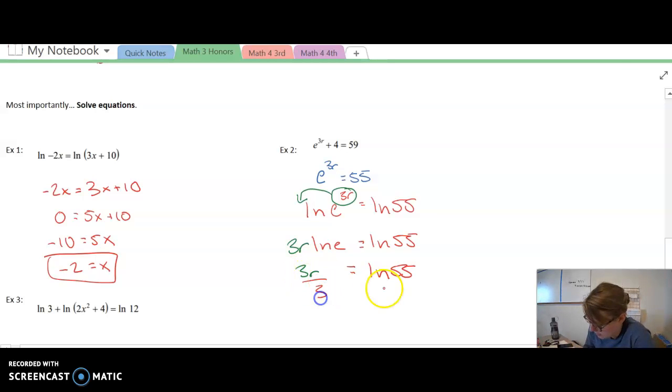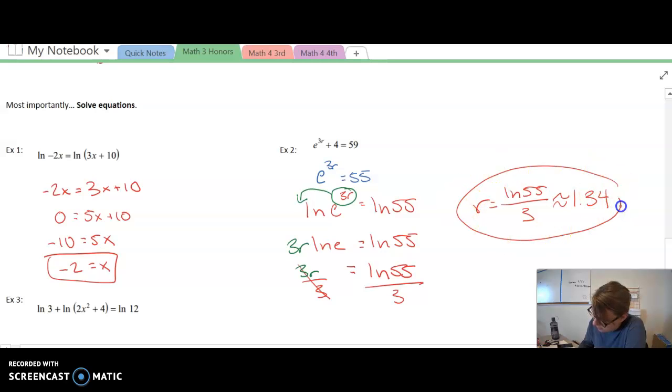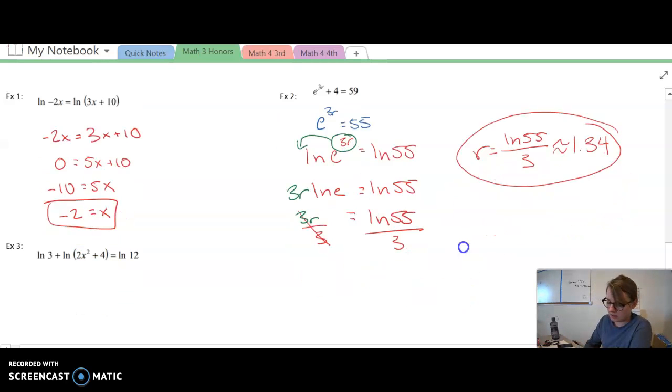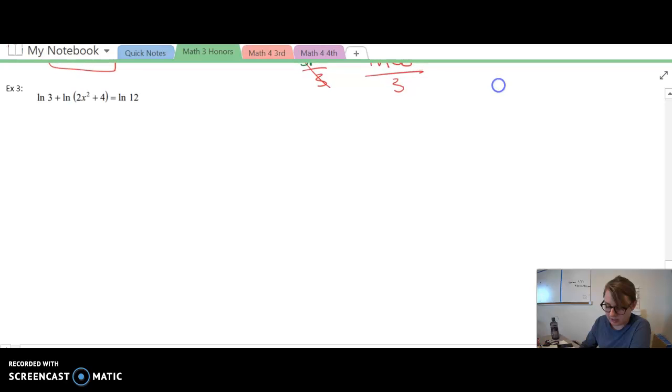So I'm going to divide both sides by 3, and I get r equals natural log of 55 over 3. And we can plug this into a calculator and get an estimate. And our estimate is about 1.34. That's what r equals. Alright, so let's move on to our last example.